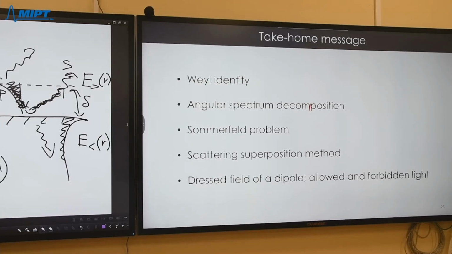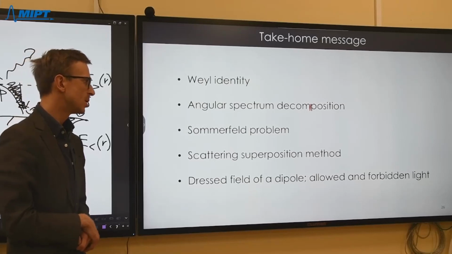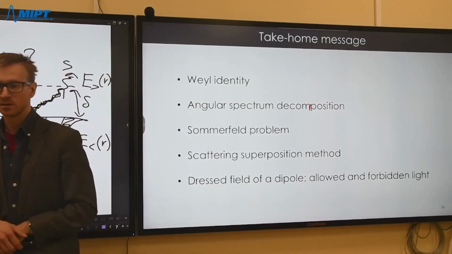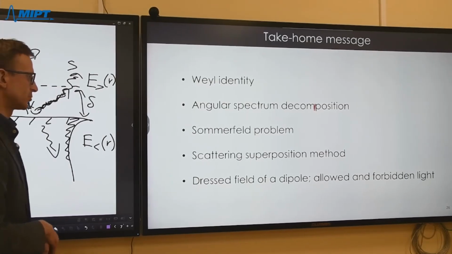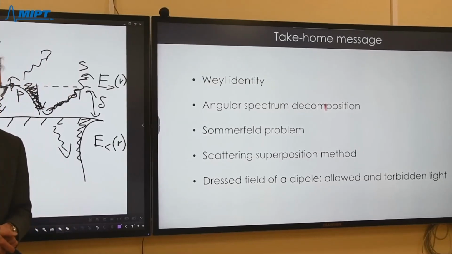We applied that tool to the Sommerfeld problem. We obtained closed form expressions that describe the field distribution in the Sommerfeld problem. And we briefly discussed the resulting electric field and radiation patterns produced by a dipole placed above an interface.